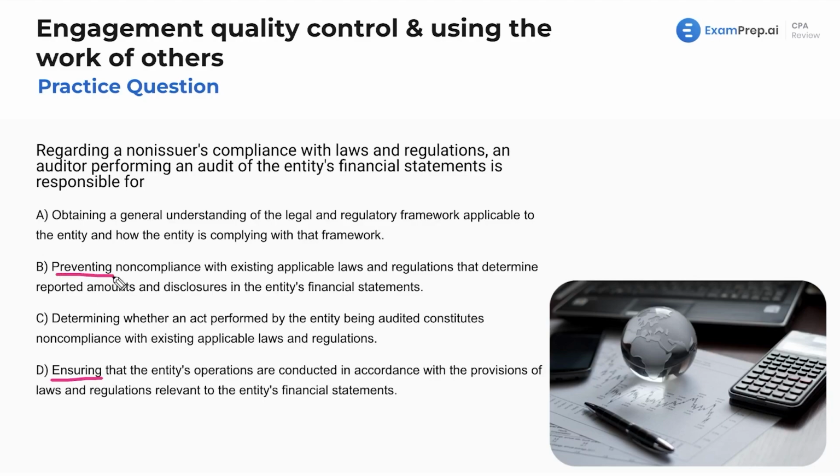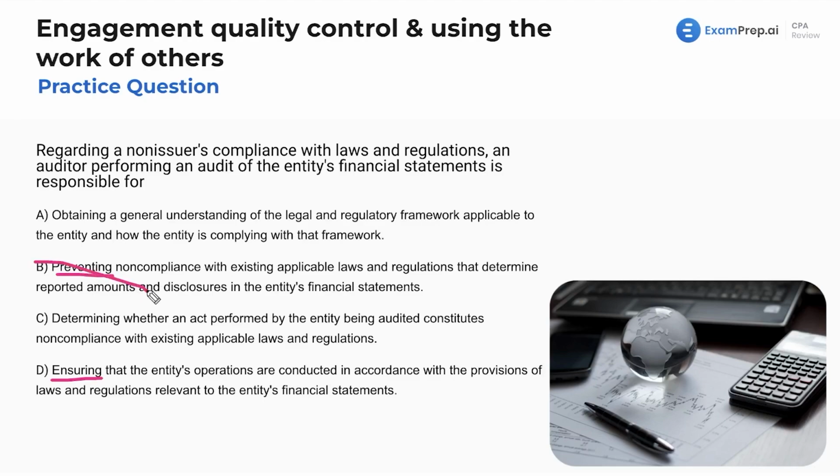When we think about this entire exam, anytime you see absolute assurance or guarantees that there's no issues, guarantees that there's no fraud, anytime we see make sure that there is no misstatements rather than no material misstatements, any of these absolutist statements are a little concerning. So when I see preventing noncompliance, I'm already not thrilled with this.